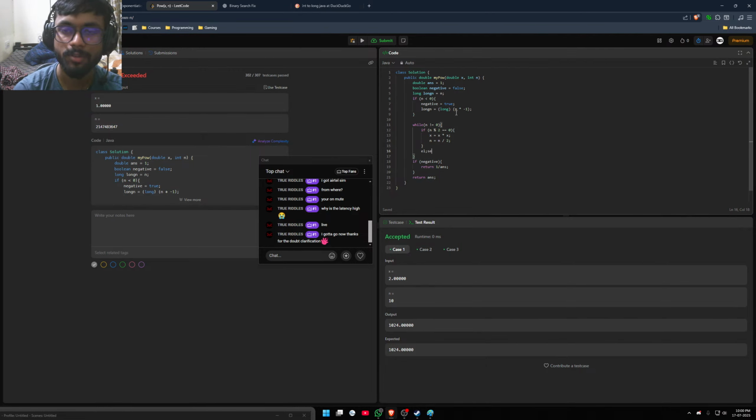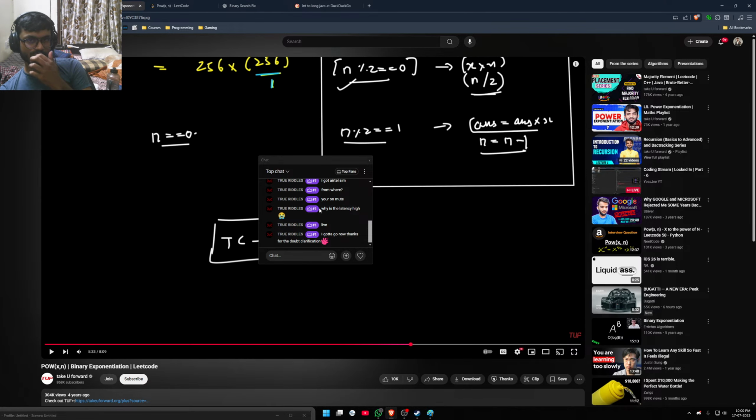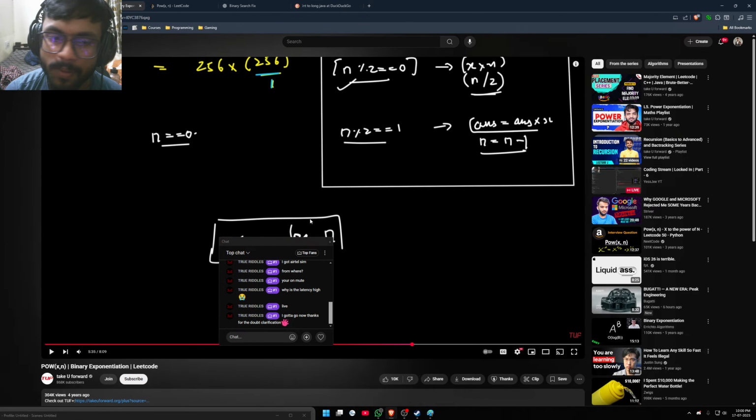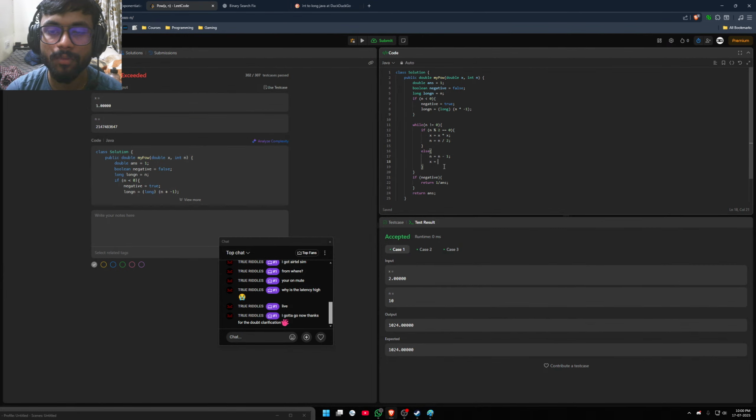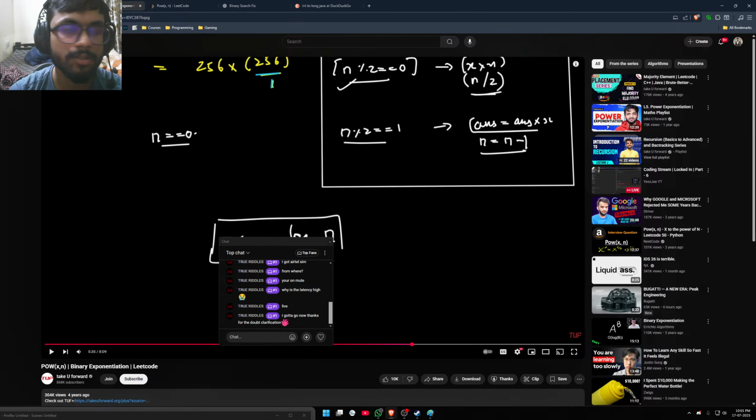And if it's an odd number, if n is an odd number, we take 1 from n, so n is equal to n minus 1, and we multiply, so answer is equal to answer into x.